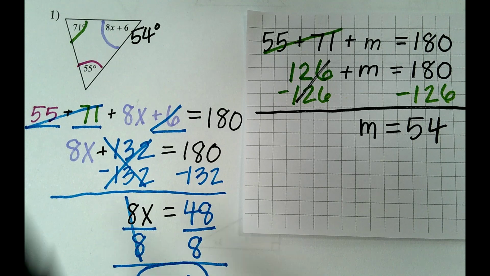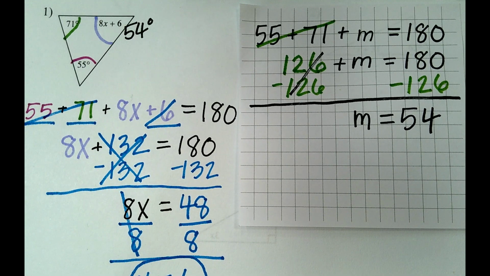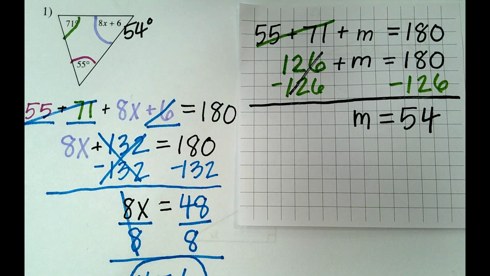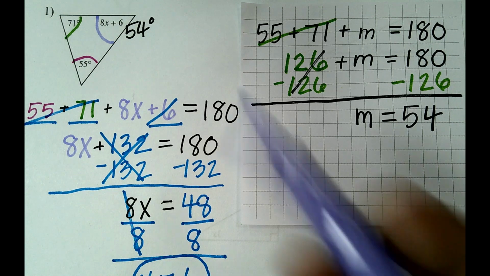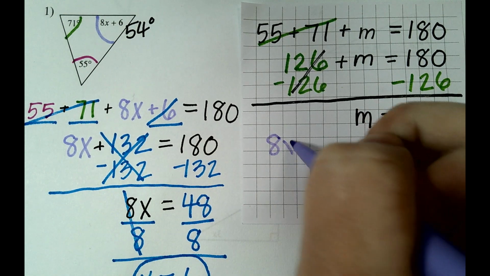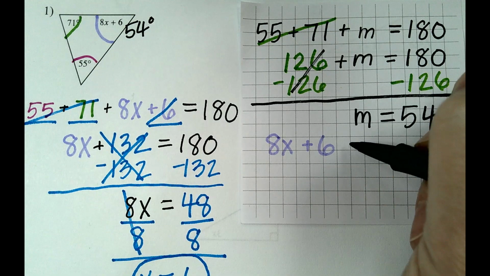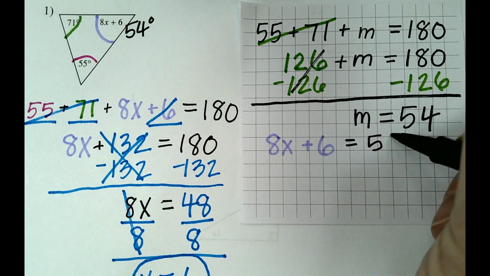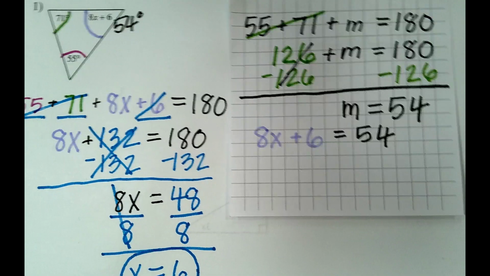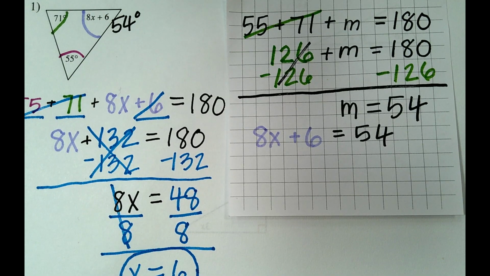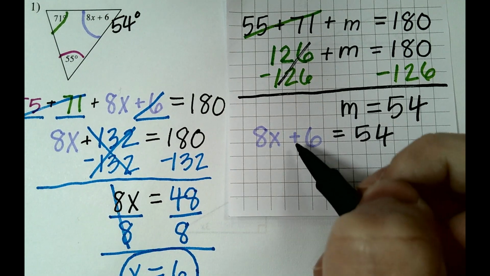Okay, yeah. So what we could do next is take 8x plus 6, and we know that since this angle is 54 degrees, then it must be equal to 54. And then you could solve it from there and you'll get the same answer.